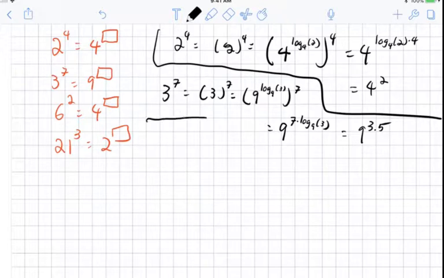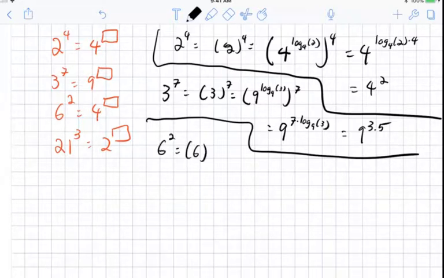Let's try the next one. These next ones are going to be pretty irrational. 6 to the 2. Put the 6 in parentheses and then rewrite it base 4. So it becomes 4 to the 2 times log base 4 of 6. So ln of 6 divided by ln of 4 times 2.